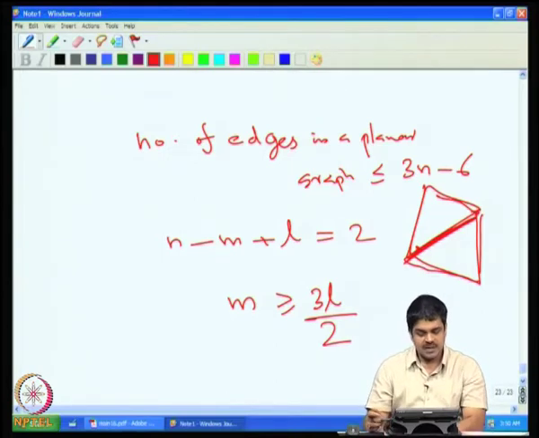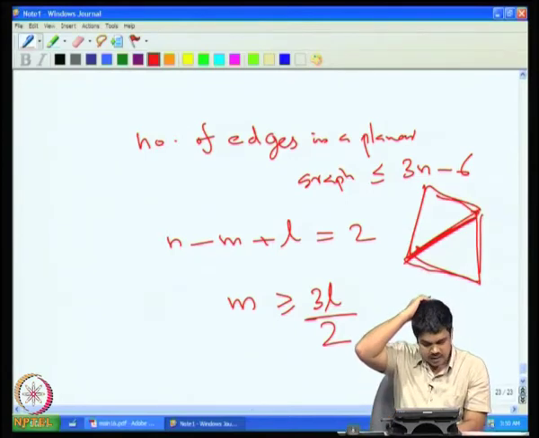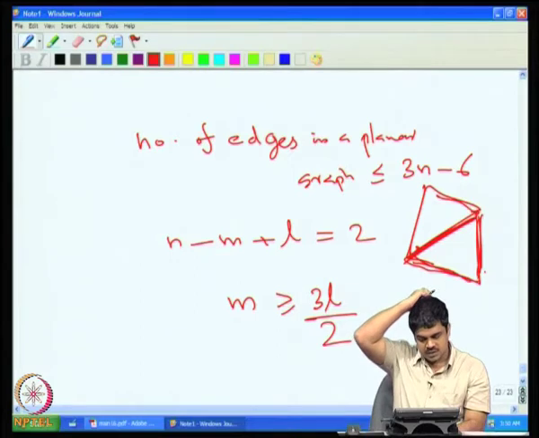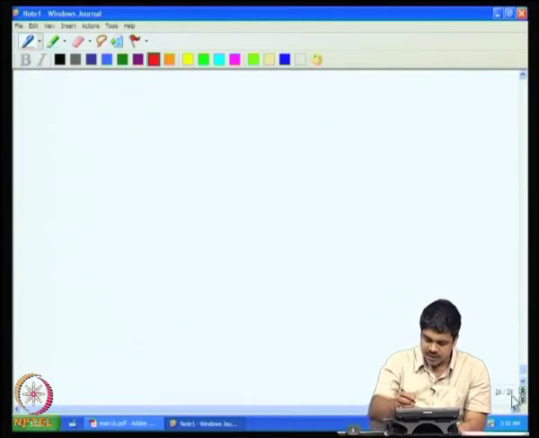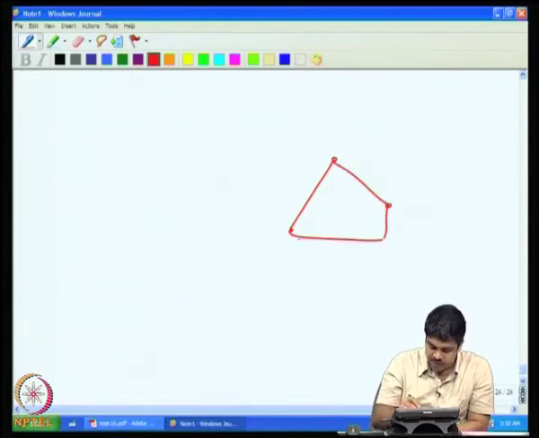You can easily see that it becomes triangulated, because if it is not triangulated, if every face is not a triangle, then you could add one more edge, right.